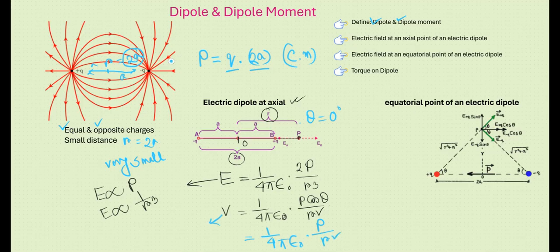So in the mathematical expression, the potential V is directly proportional to the dipole moment, and the potential is inversely proportional to the square of the distance r from the observation point to the center of the dipole.